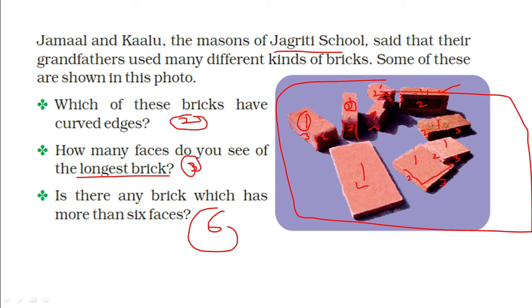So one face will always be under cover. So we cannot see the six faces, and no brick has more than six faces. You can see these bricks may have more faces like this, but in general we have six faces because bricks are of cuboid shape.